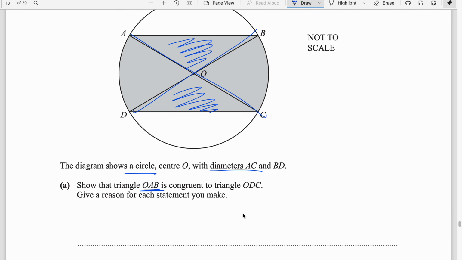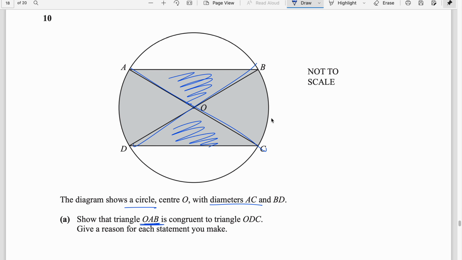I'm writing it right here so I don't have to zoom out. So let me say that OA is equal to OC. OA this length is equal to OC this length, and the reason is they are radii of the same circle. Then OB is equal to OD. This is equal to this radius. Reason is the same.